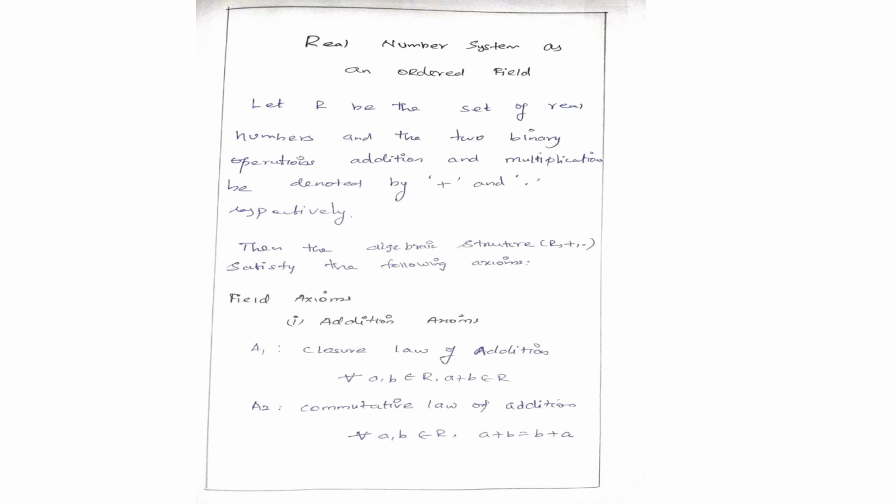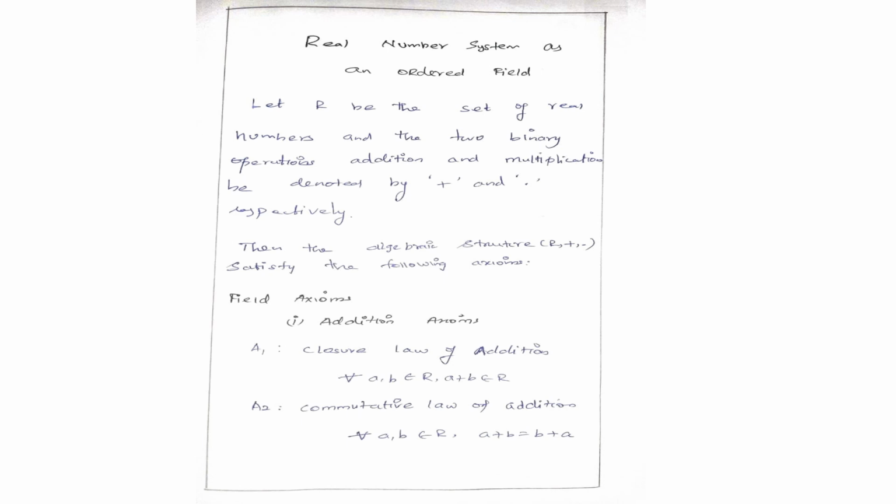First of all, we will see what is meant by the closure law for addition. The sum of any two real numbers will always be a real number. That is, if a and b are any two real numbers, a plus b will be a real number. The closure property holds for addition and multiplication of real numbers, which means closure under the binary operations.